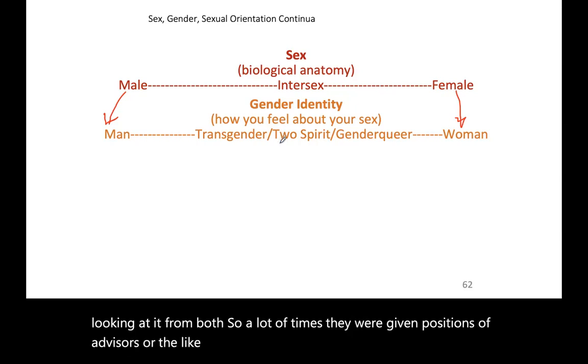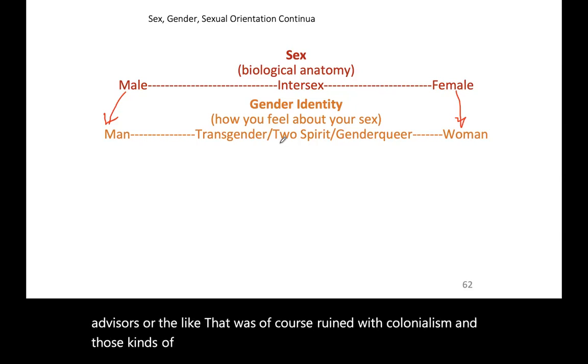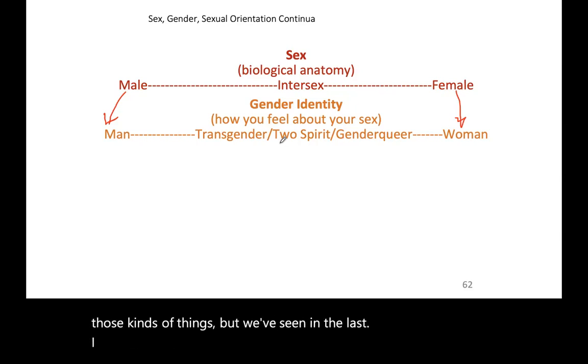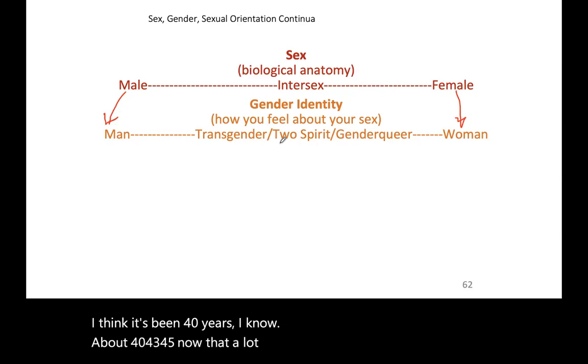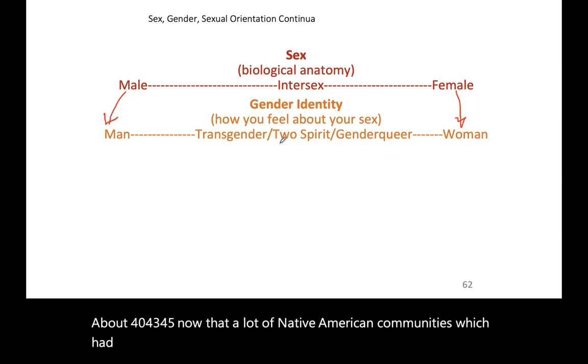That was, of course, ruined with colonialism and those kinds of things. But we've seen in the last, I think it's been 40 years, I know, about 43, 45 now, that a lot of Native American communities, which had individuals like this as status, are trying to revive that.